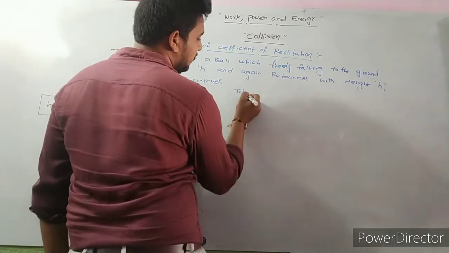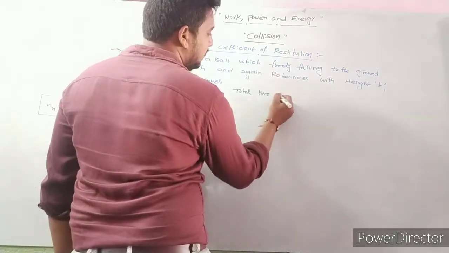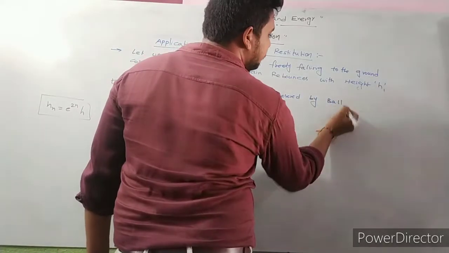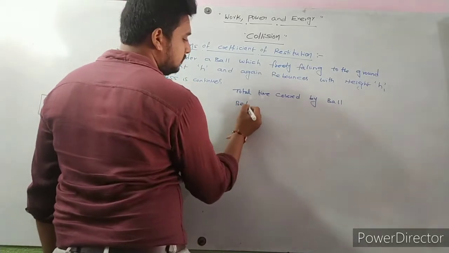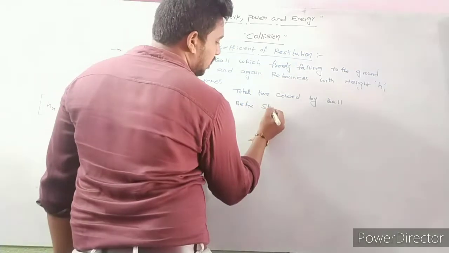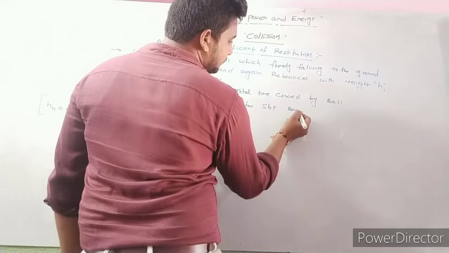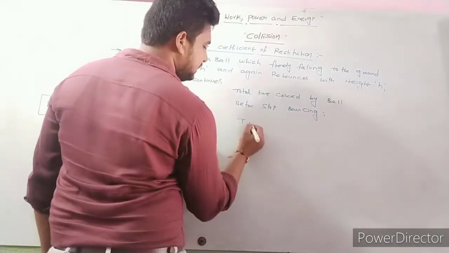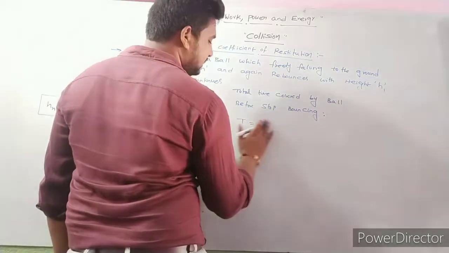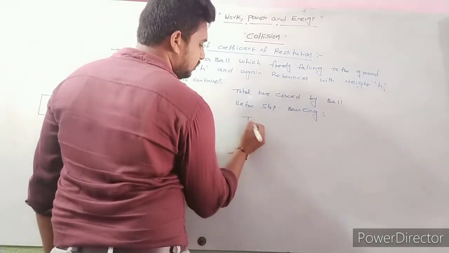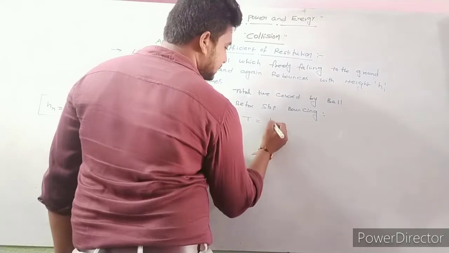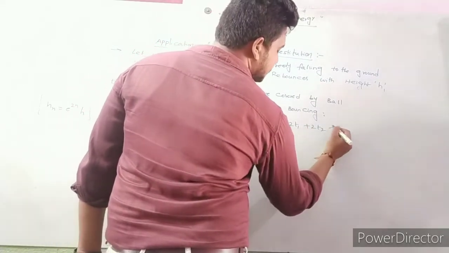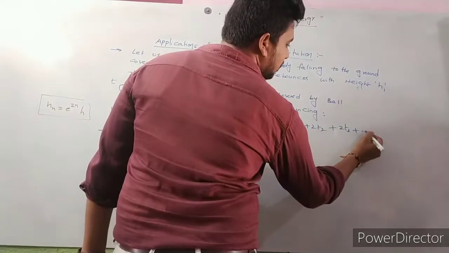the total time covered by the ball before it stops bouncing is indicated with a T. So T is equal to the total time, T is equal to t plus 2t1 plus 2t2 plus 2t3 plus and so on.